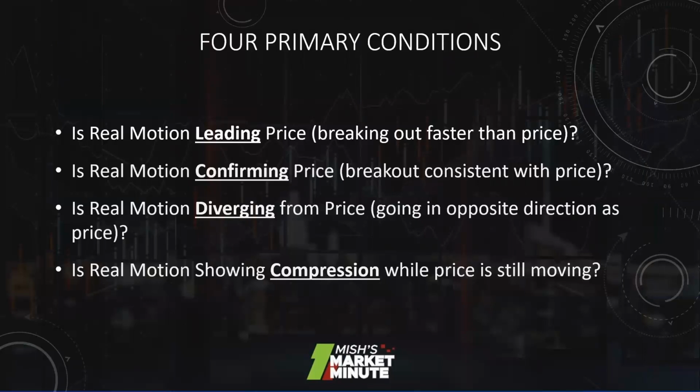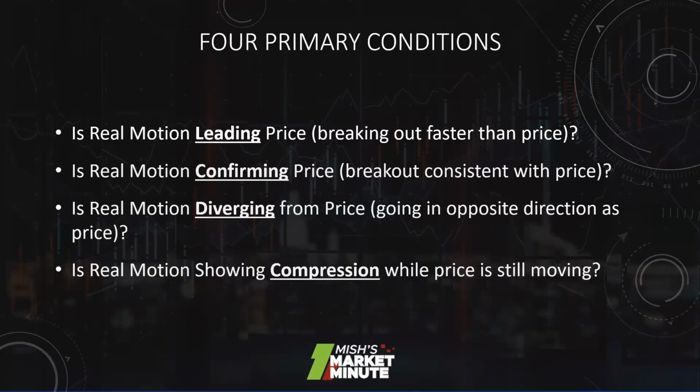So just to review, we talked about a bunch of different primary conditions. So there are 4 conditions that you want to use real motion combined with price. Number 1 is real motion leading price, breaking out faster than the underlying price chart. Number 2 is real motion confirming price.